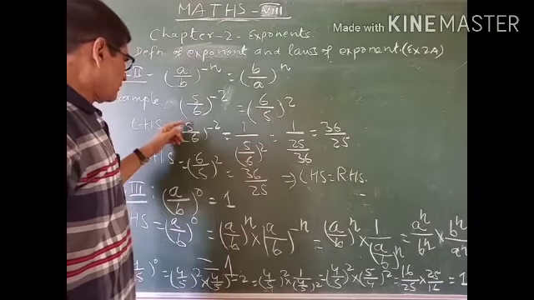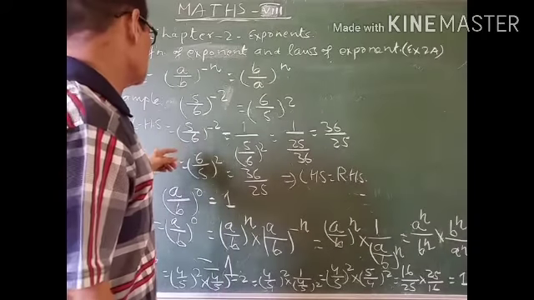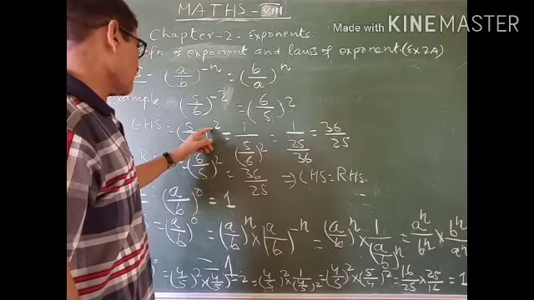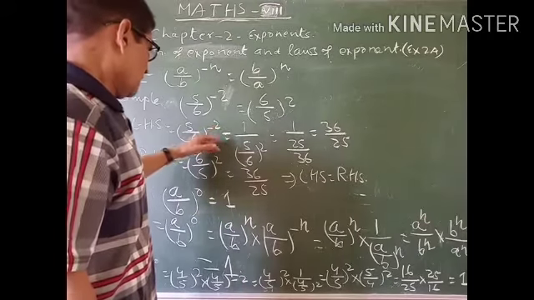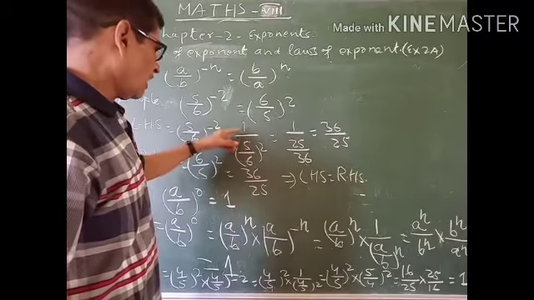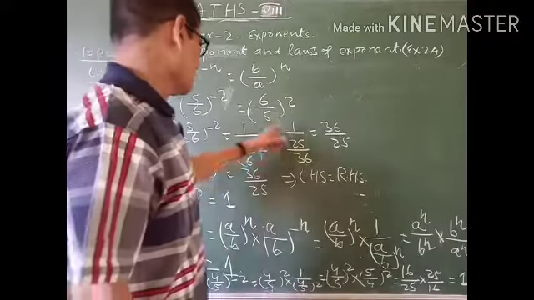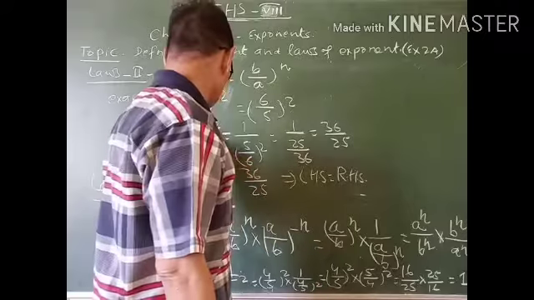LHS, 5 by 6 to the power minus 2. You can write here 1 by 5 by 6 to the power square. This will become 1.